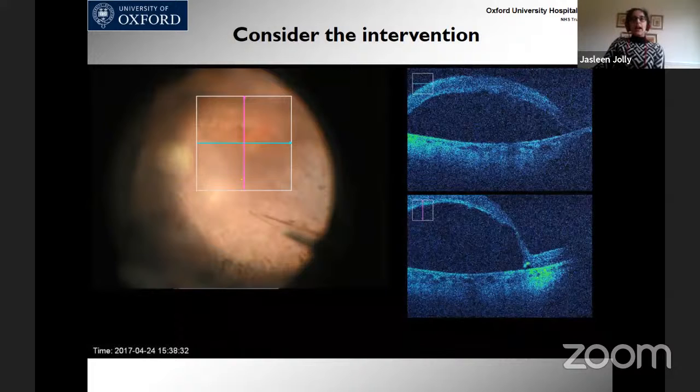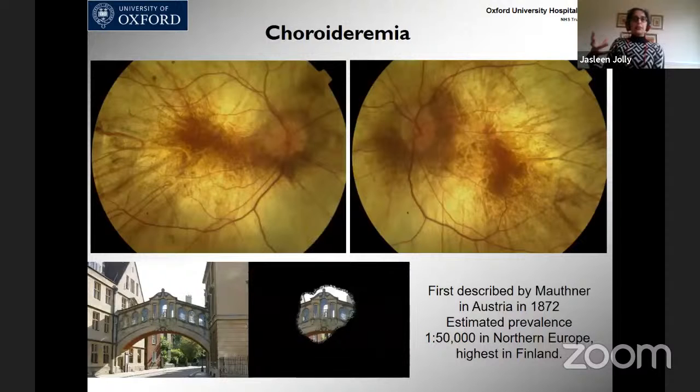But by looking at how the retina is behaving during this process, it helps to understand what parts of retinal function we need to explore, and also how the surgery needs to be affected to reduce the risk of any complications.